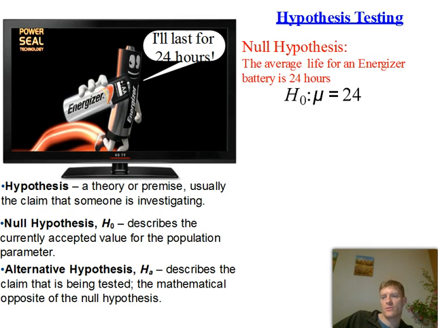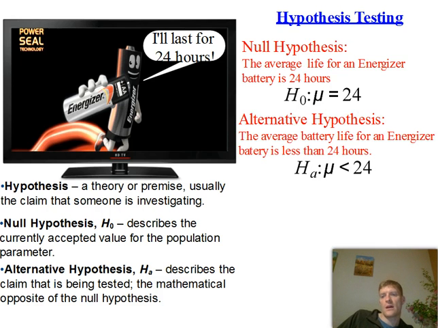If the mean is equal to 24, then the mathematical opposite will be, perhaps, not equal to 24. Or we can frame that in another way: we could say that it has to be less than 24, which still meets the criteria of not equal to 24. So an alternative hypothesis, as one example, could be that the average battery life for an Energizer battery is less than 24 hours, perhaps because our advertisement is an exaggerated claim.